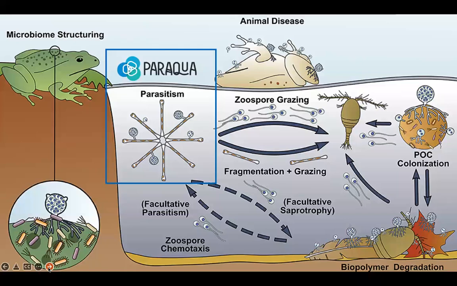So, this is a cartoon made by a PhD student of mine, Davis Langdon, really trying to illustrate more widely the different functions that chytrids have. I think Silke showed it this morning. ParAqua sits right here. ParAqua is interested in chytrids that are algal parasites, Asterionella here, but they have lots of other functions as well.